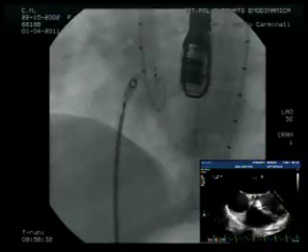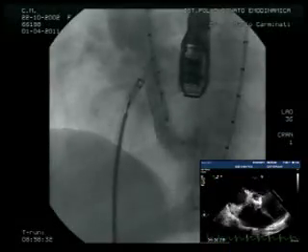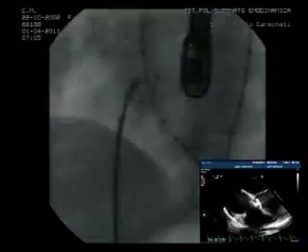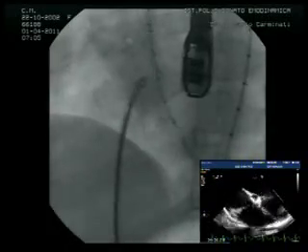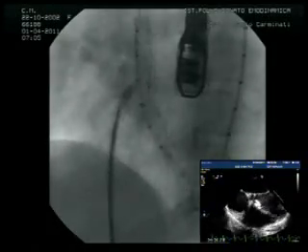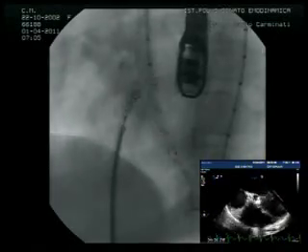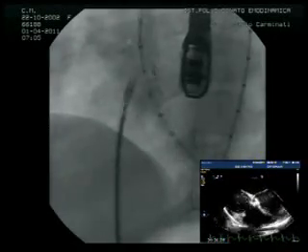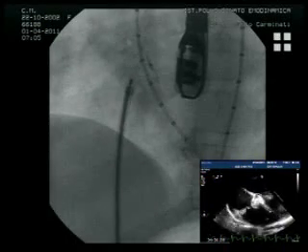Probably a slight bit more back with a bit of tension and the release of the RV then. Okay. That looked good.